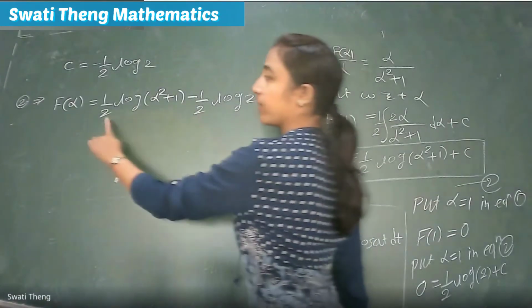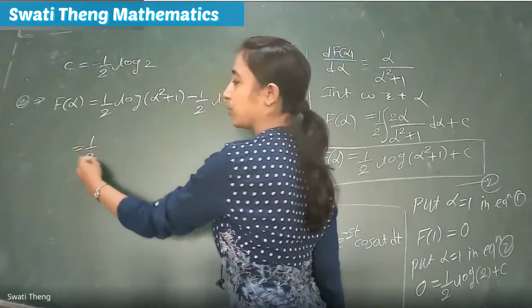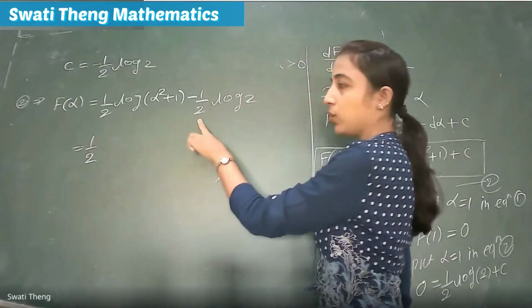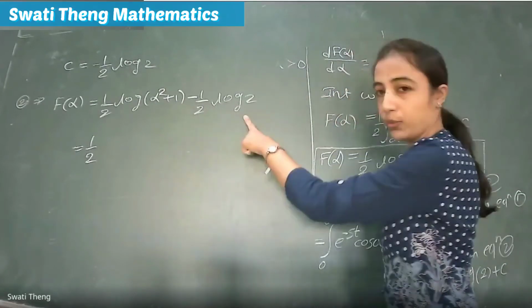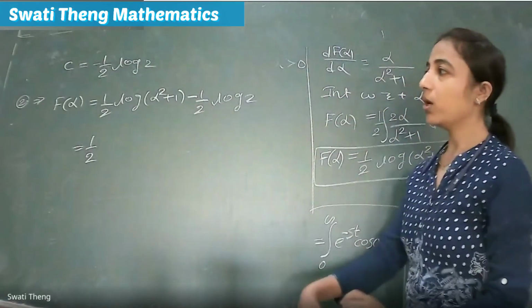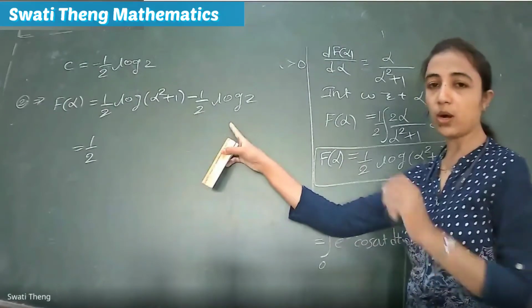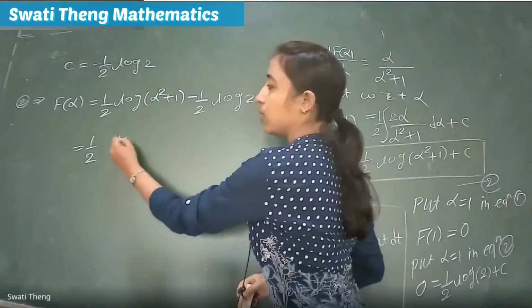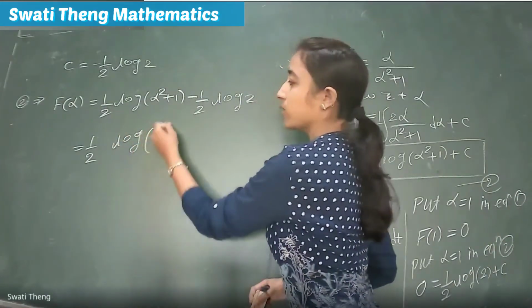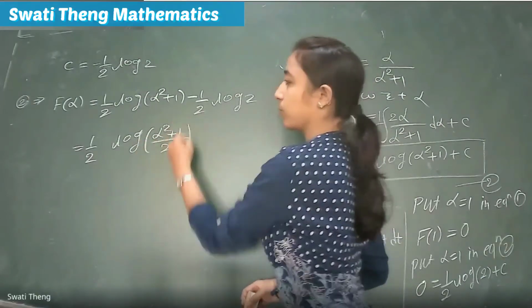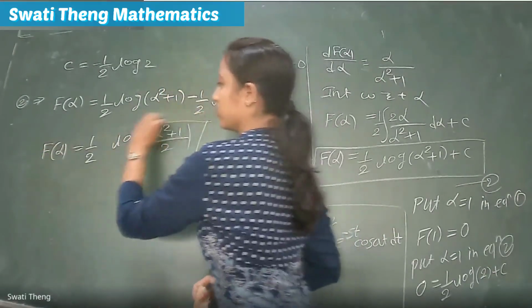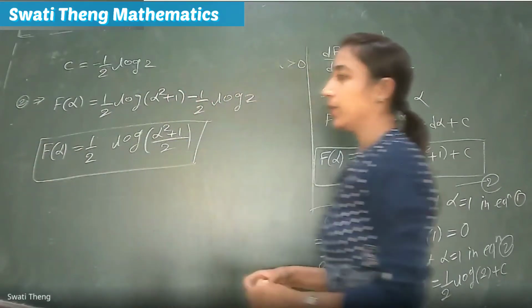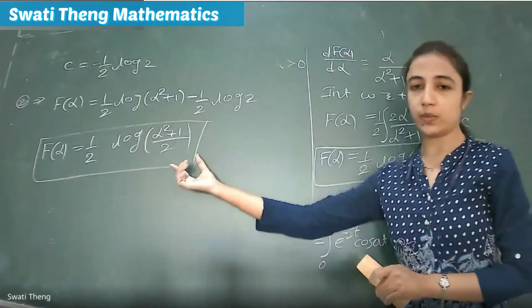So here we can take 1 upon 2 outside, then it is log of alpha square plus 1 minus log of 2. And using the property log a minus log b is log of a by b, it is 1 upon 2 log of (alpha square plus 1) by 2. Hence the solution of the integration is this one.